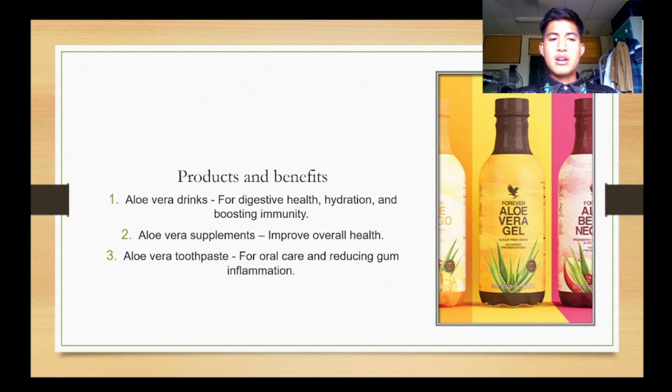But aloe vera can also be used as drinks because it has a lot of good vitamins, which can be used for digestive health, hydration, and boosting immunity. There's also supplements you can take. And lastly, not a lot of people know aloe vera has toothpaste, which can take care of your oral hygiene and also reduce gum inflammation.